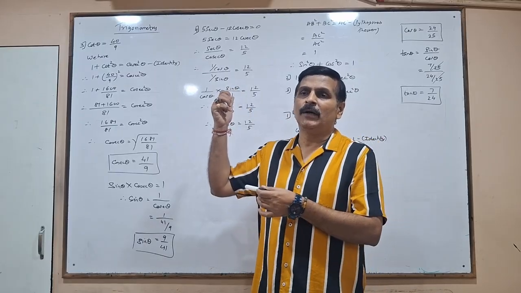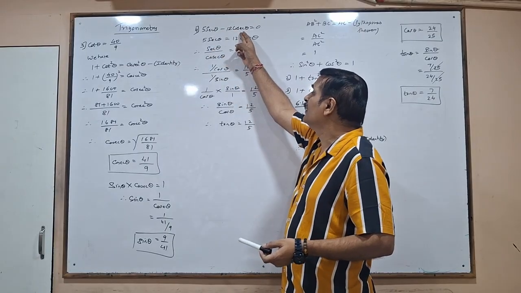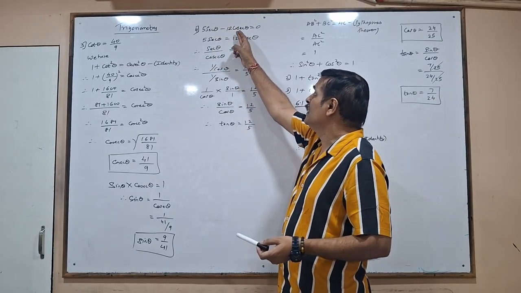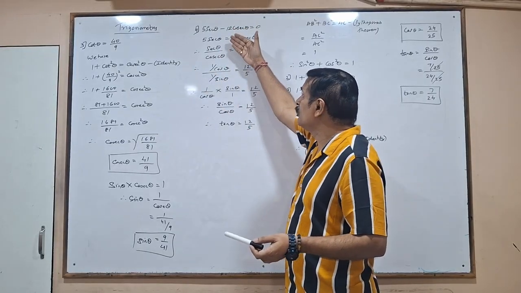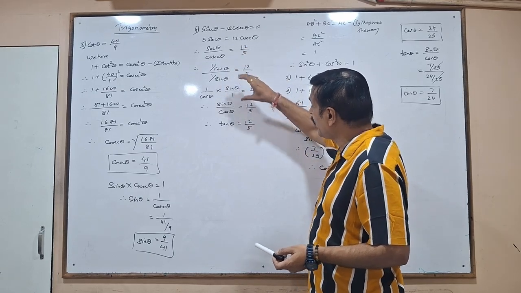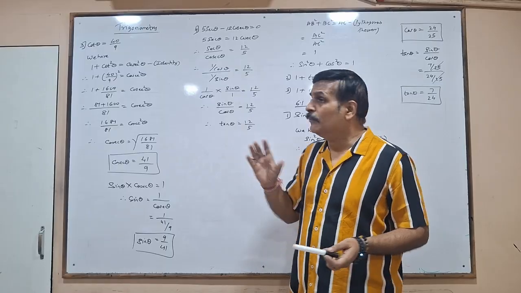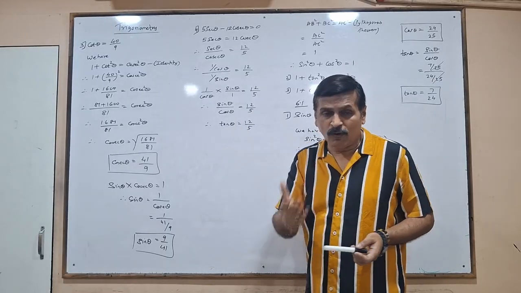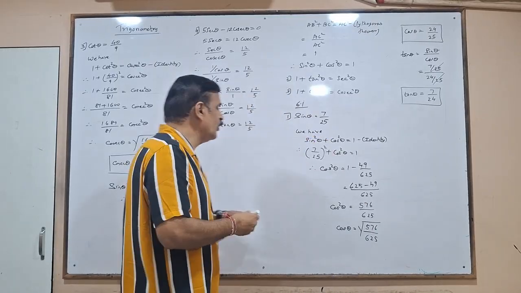At most in such a question, instead of sec and cosec, they may ask you sine and cos, or they may ask you tan and cot. No problem. Solve, apply the formula correctly, simplify it correctly, and you will get a trigonometric ratio equal to a fraction. The moment I get tan, now what they want is sec, cos and sine.